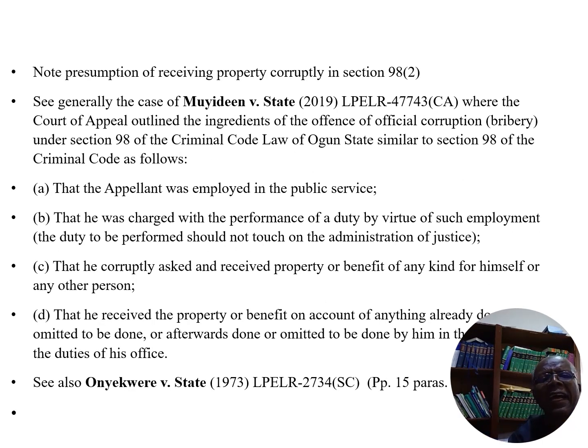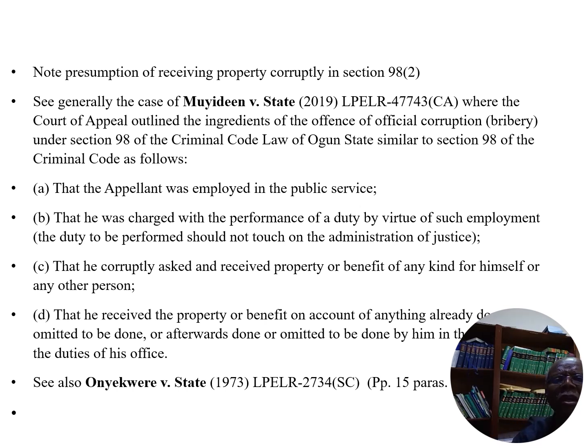Like I said earlier, note the presumption of receiving property corruptly in Section 98(2). Section 98 subsection 2 creates a presumption of corrupt receipt where a public officer demands, asks, or receives any property or benefit of any kind. The law presumes that there is corrupt receipt, meaning that the public officer now has the burden of proving that the property was not corruptly received.